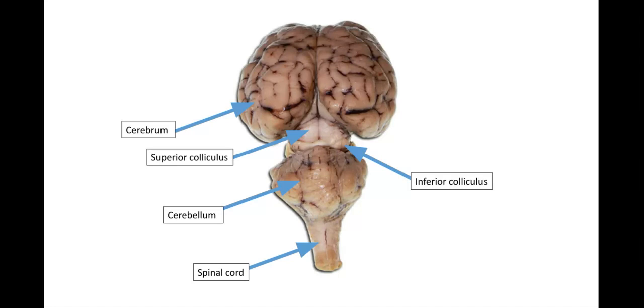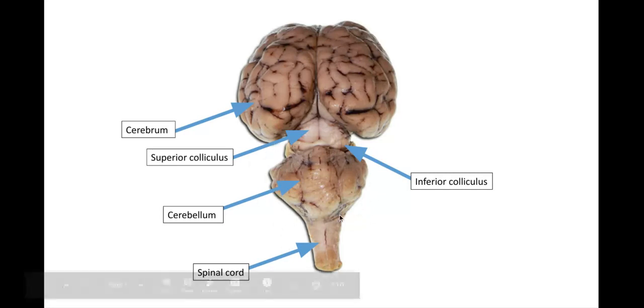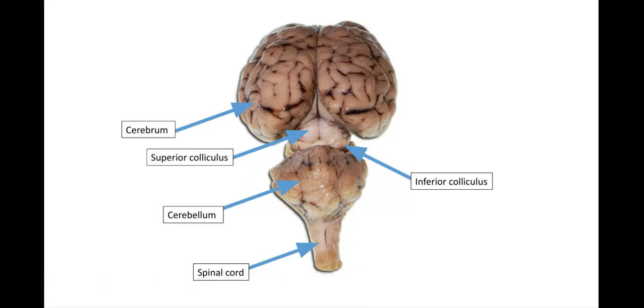Both of these are really important for reflexes, for sensing sound, for sensing sight. And then underneath that is this cerebellum. And then you've got your medulla oblongata to your spinal cord.